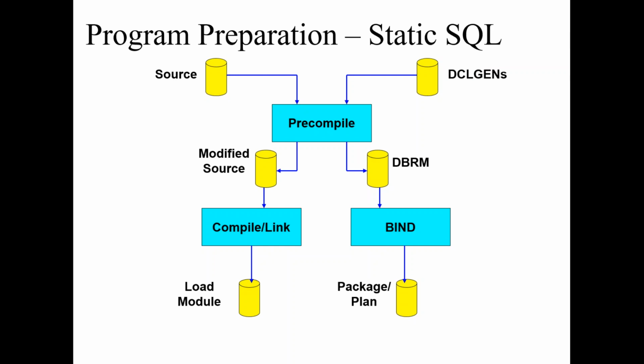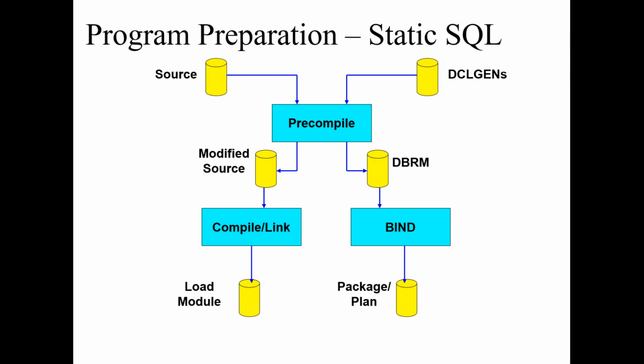I'm going to use COBOL a lot as the example, but keep in mind there are lots of languages that support static SQL on the mainframe, things like PL/I or even C or C++, assembler, lots of languages we can use on the mainframe that all support static SQL in this same way.